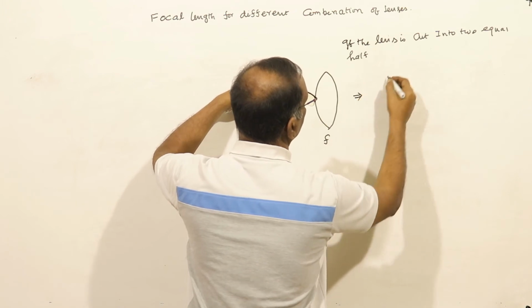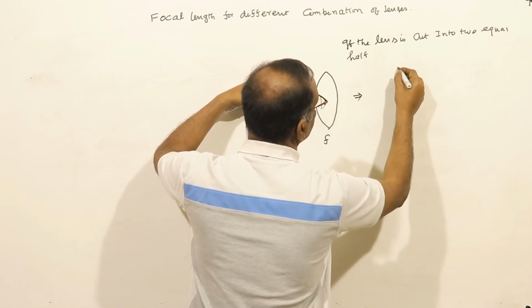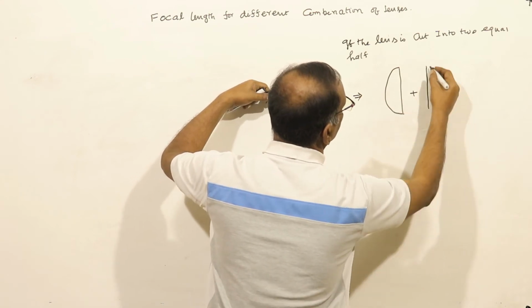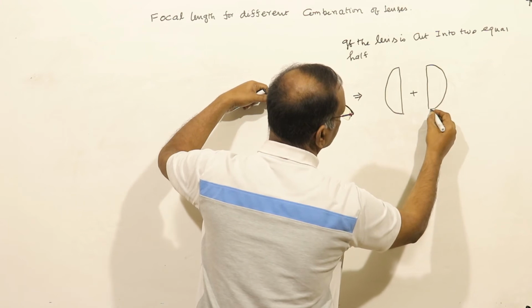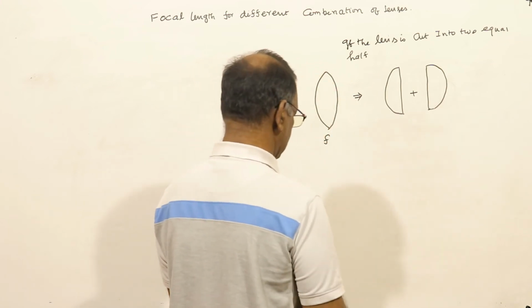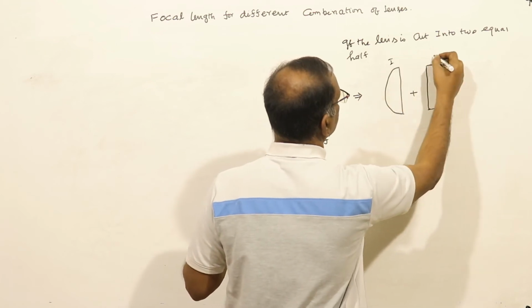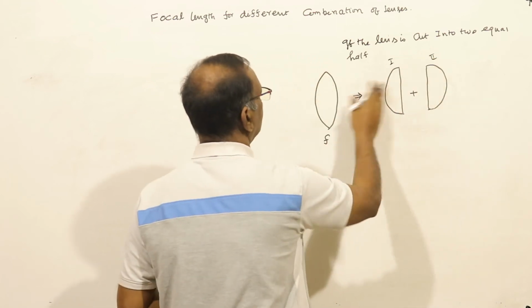If it is cut like this, this is the first lens, second lens, both are parts of this lens.